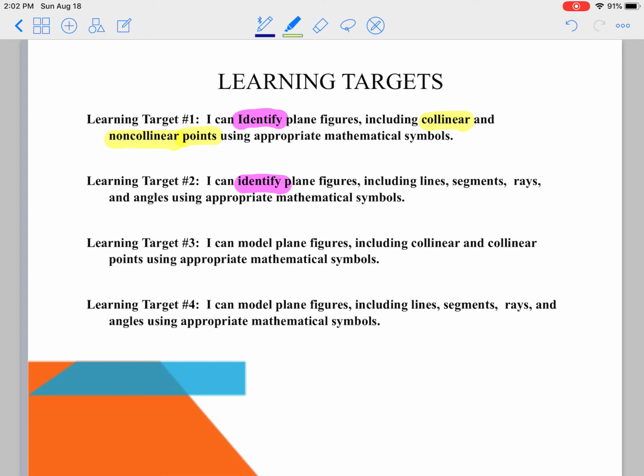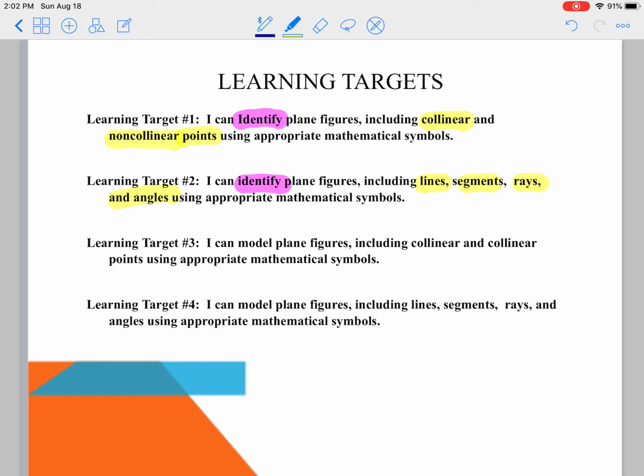In learning target number 2, we are again identifying, in this case, plane figures including lines, segments, rays, and angles. Once again, vocabulary, words, and terminology that is going to be extremely important throughout geometry. So it's very important that you understand not only the vocabulary but the concepts involved with them.